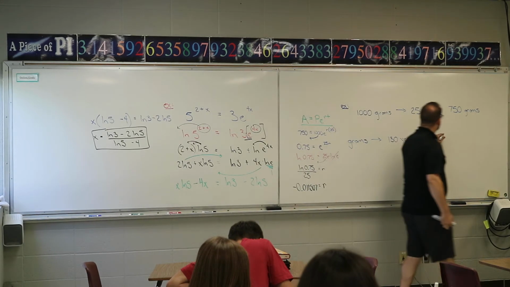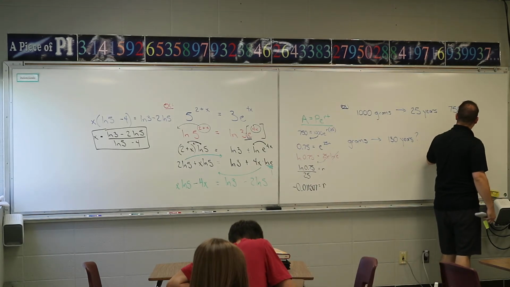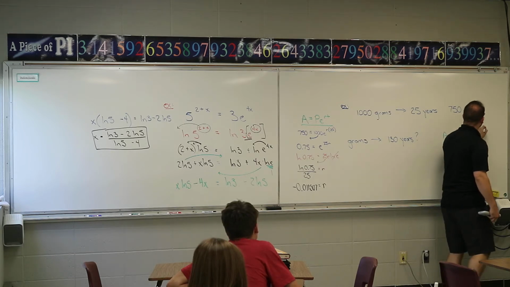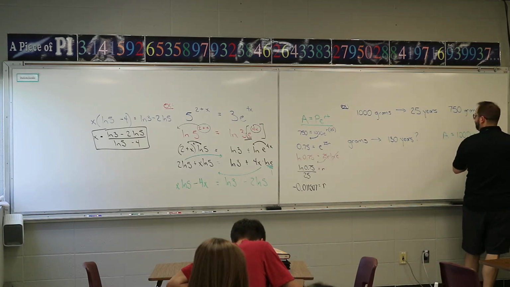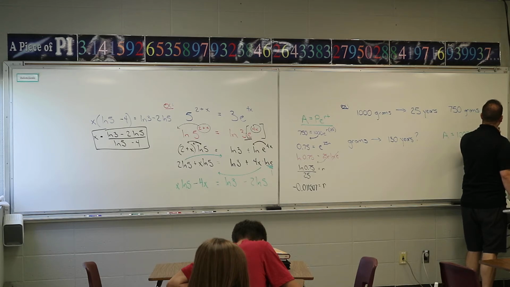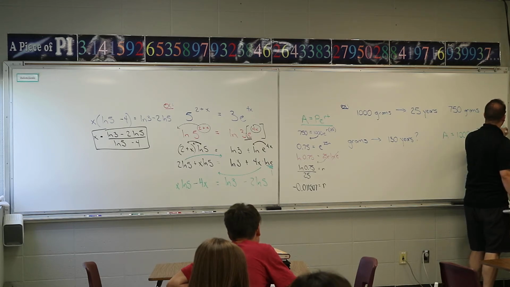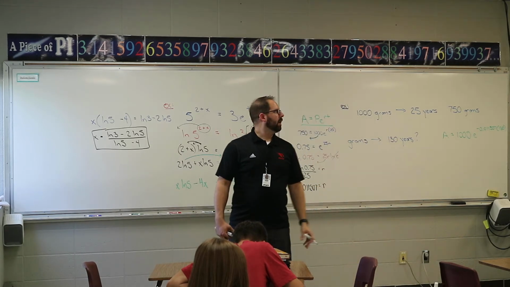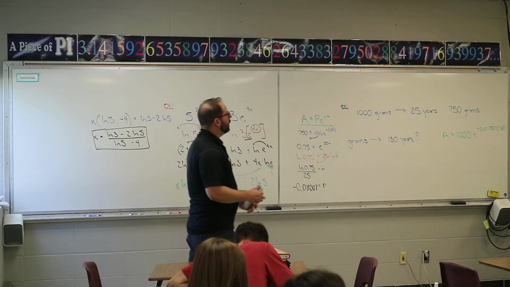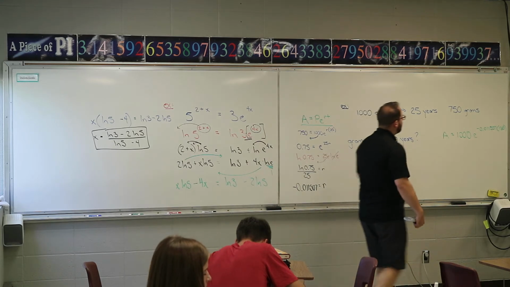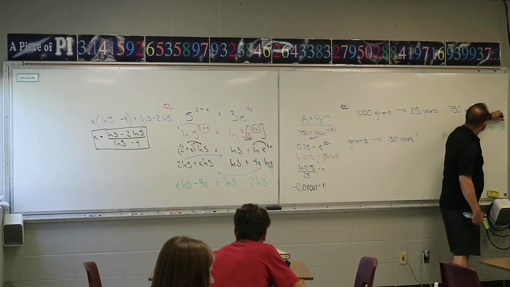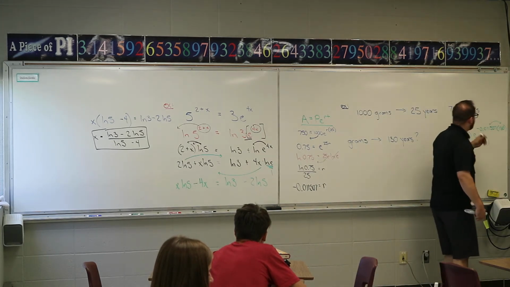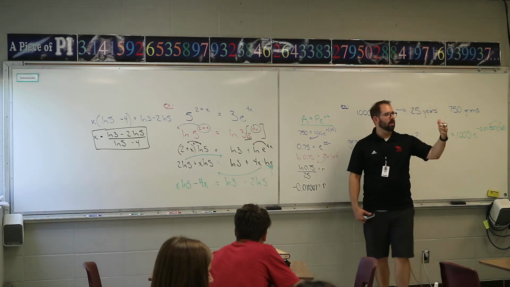Well, that means I'm going to start with my 1,000 grams. I now know my rate is negative 0.011507, and so on, but now I'm going for 130 years. I can plug in my time as a different number now. I can just type that in my calculator, making sure when you're typing this in, I would multiply these two numbers first, figure out what that decimal is, and then put it in the power of e.